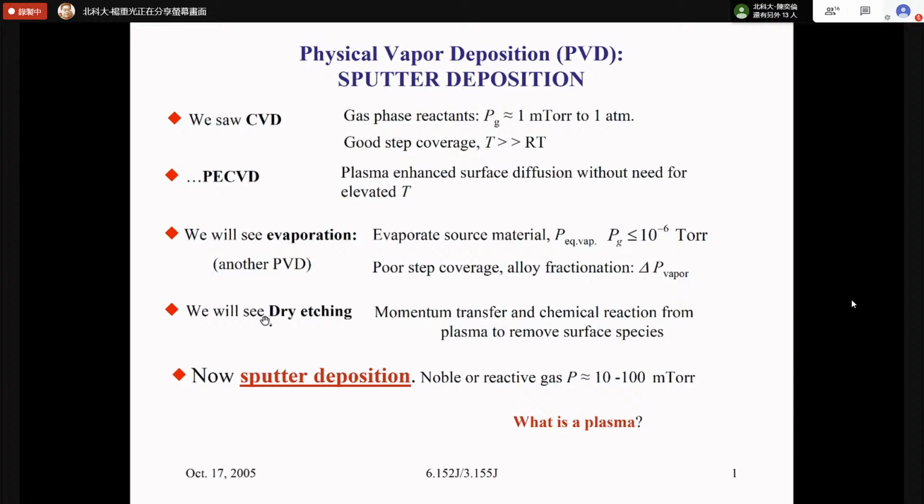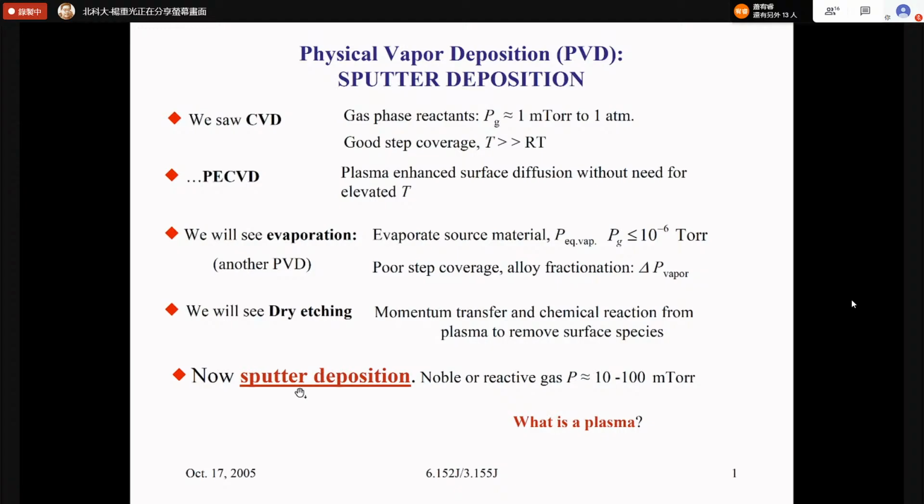We will also talk about dry etching using plasma, with momentum transfer and chemical reaction from the plasma to remove surface species. So we call that dry etching.